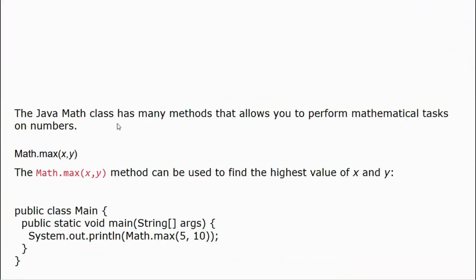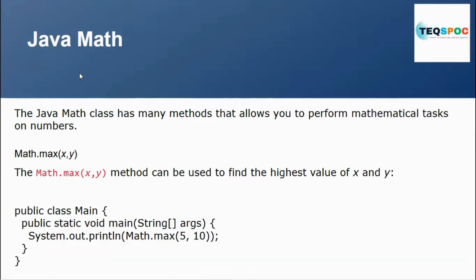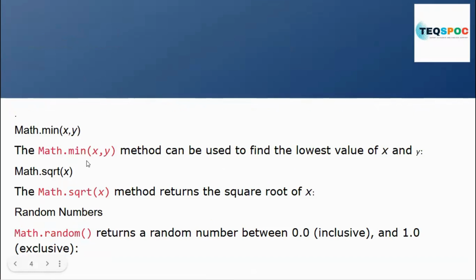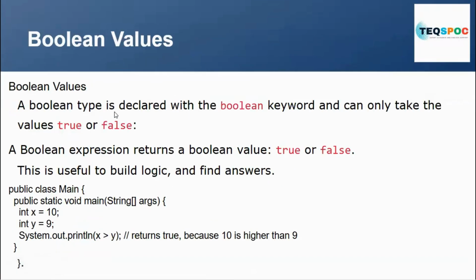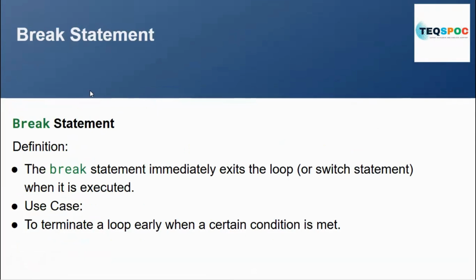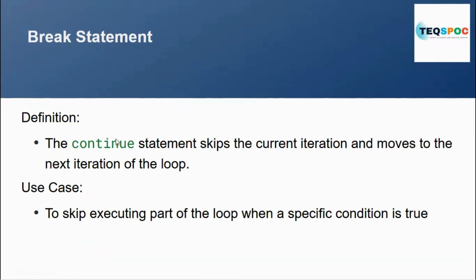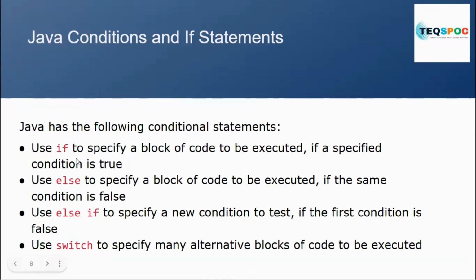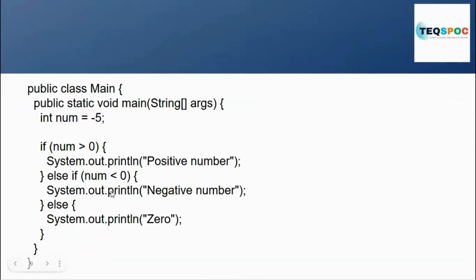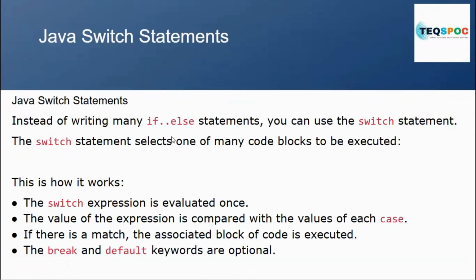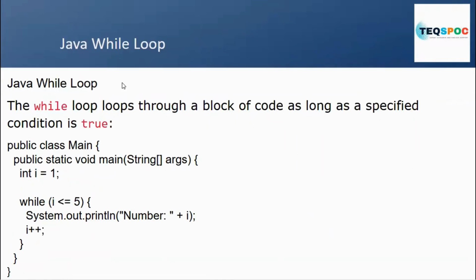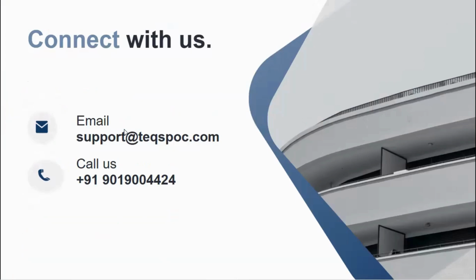In this session, we have covered Java math, how to find max, min, square root, random number, how to print a boolean value, checking two conditions. We have seen the break statement, how if one condition is true, then break. Then Java conditions, if else, else if, the switch statement, how to create the switch statement. Then we have seen the while loop and do while loop.